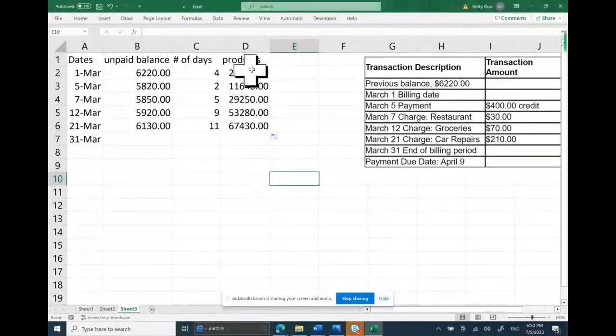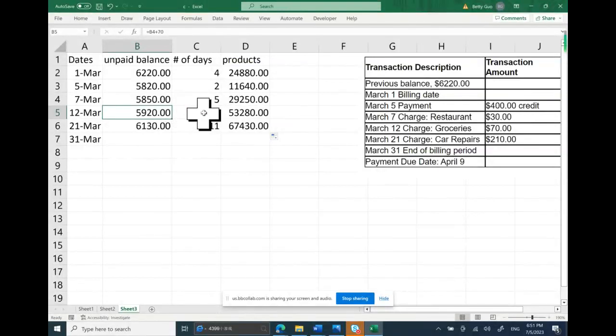So I'm gonna change those to keep 2 decimal places. Number, 2 decimal places. And drag. Okay, let me explain what happened here. So you got this number by multiplying the first balance by the days. So that's the sum of the balances for the first 4 days. And then you multiply this balance by this 2, and you have this. That's the sum of the balances from March 5th to March 6th. And then you multiply this one by this one, and that gives you the sum of the balances from March 7th to March 11th.